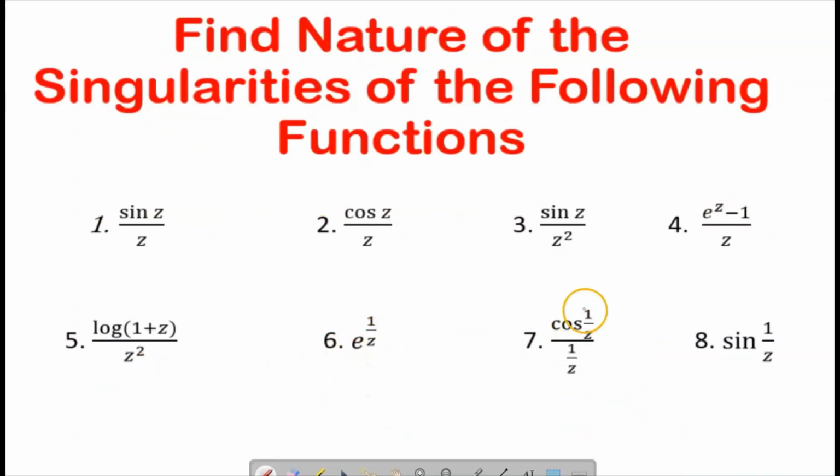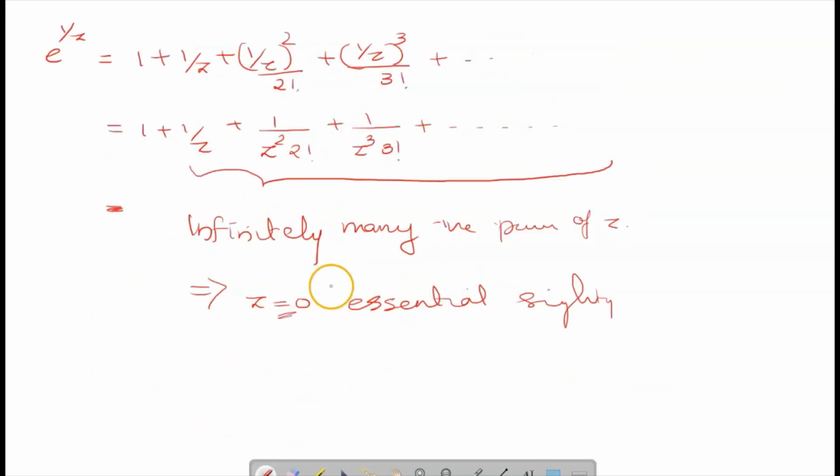So, next is cos 1 by z divided by 1 by z. So, 1 by z in the denominator, we can write as multiplication by z.